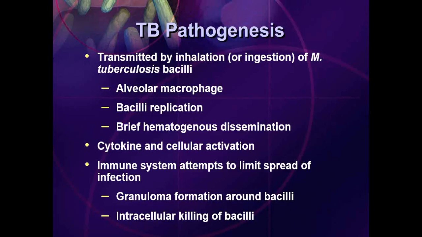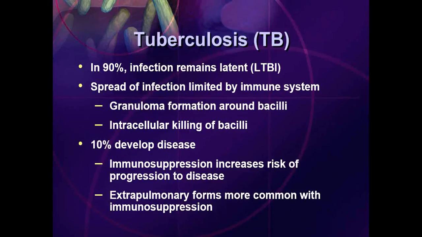So at this point, there's this cytokine and cellular activation step where the immune system attempts to limit the spread of infection, and this is done primarily by granuloma formation around the bacilli, driven by TNF-alpha, and then intracellular killing of bacilli, which is a process primarily driven by interferon gamma. So in 90%, those granulomas and the TB bacilli associated with them remain in a state of really minimal metabolic activity. We call it latency, although it is active.